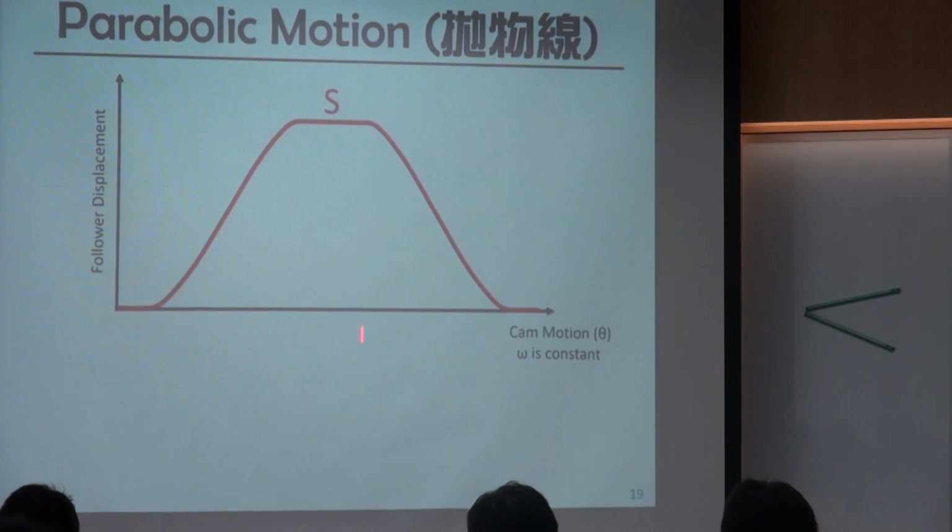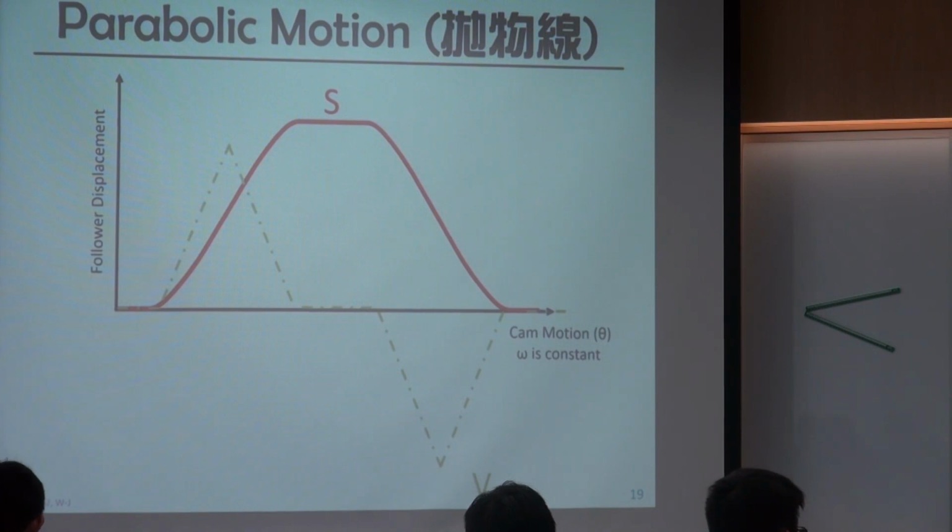So once we get the displacement, we do a time derivative to get the velocity. Right now I get the velocity in this form. Velocity is going to be a constant times theta for each segment, so it's a slope. It's a straight line for the velocity.